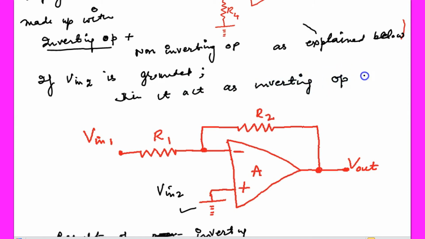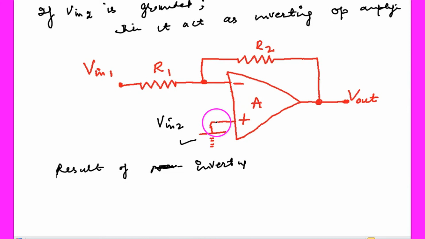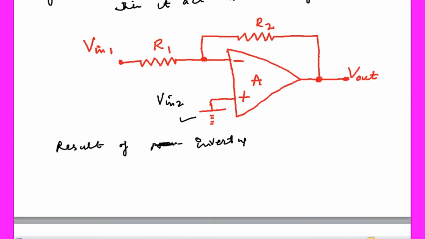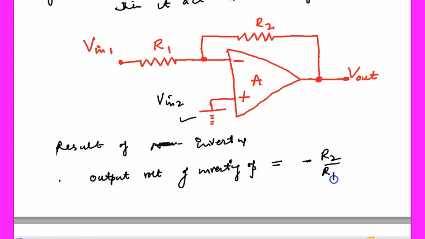It acts as an inverting operational amplifier, and we know well what the output of the inverting op amp is. It is equal to minus R2 over R1 into V in1.